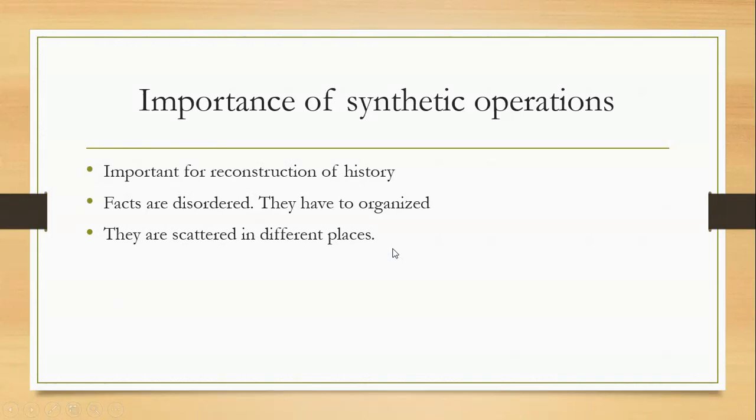If you take the example of Aurangzeb, you have some sources of the Maratha period. You may have some sources in the Deccan. You may have some sources in Delhi. So they may be scattered in different places. The job of synthetic operations is that all the facts should be relevant and they have to be sorted and organized, so that you can write and utilize the historical paper better.